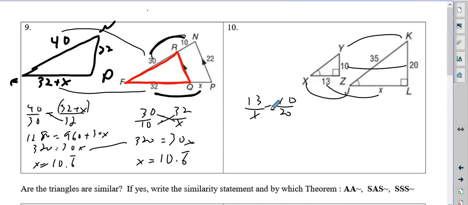The big triangle is twice the small one. So you should see this is already going to be 26. But 10x equals 260. X equals 26. So more than one way to do it. No one right way. Okay? Whatever works best for you.